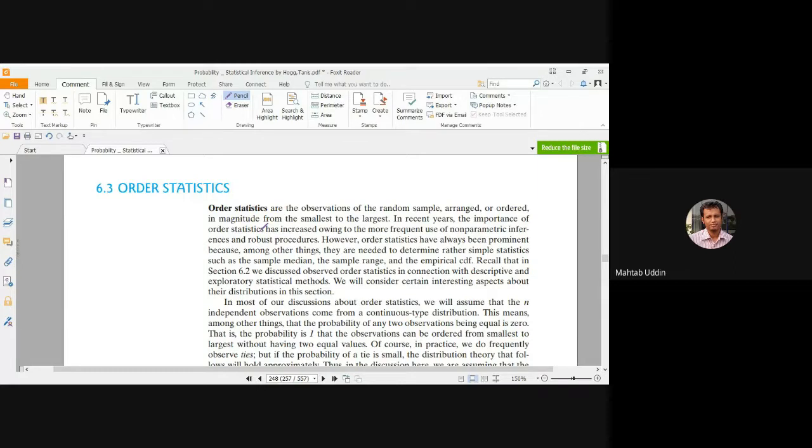One is ordered and the rest is statistics. How many factors? Two factors. The first factor is statistics and the second one is the order.